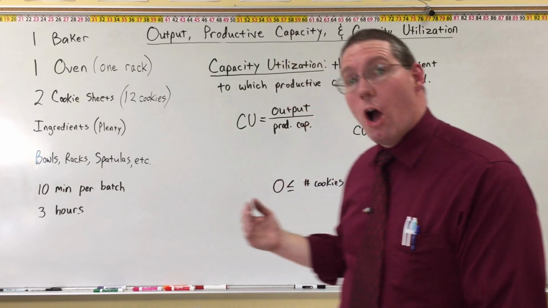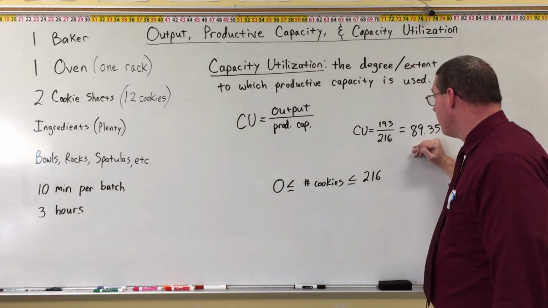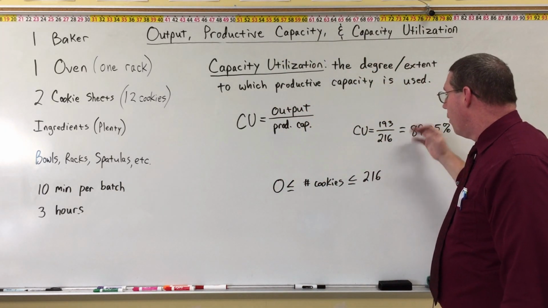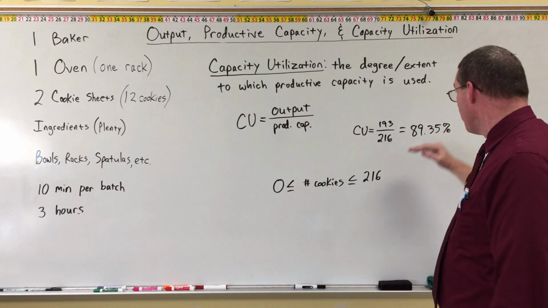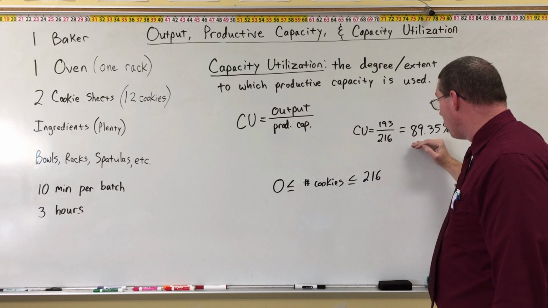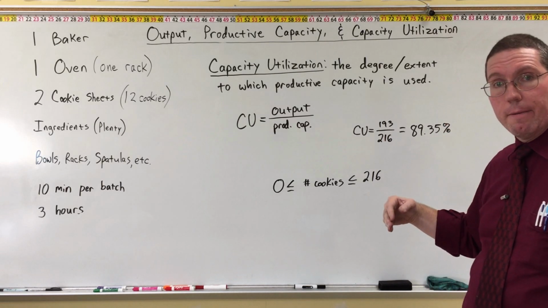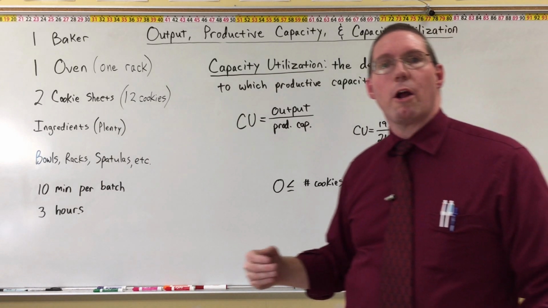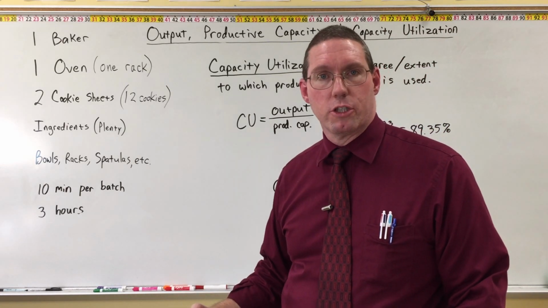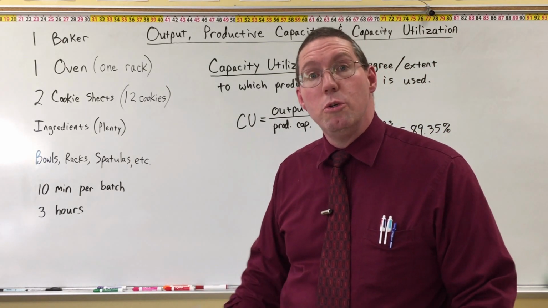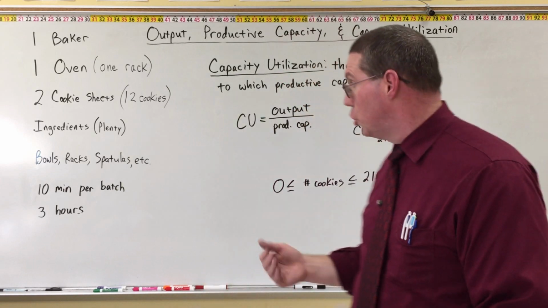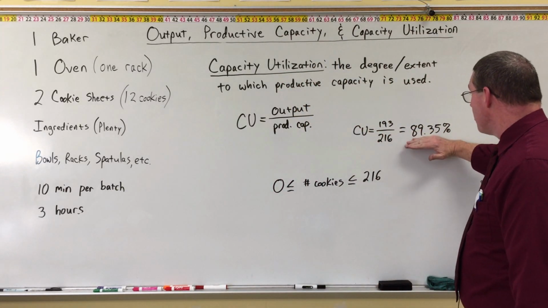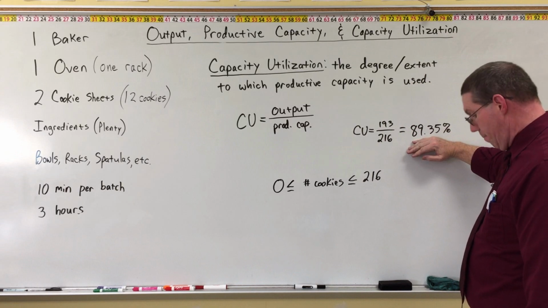The closer we are to 100% here, the more efficient we are being with our resources. But the smaller this percentage is, the farther this number is away from 100%, the more wasteful we are being with our factors of production. And so what we would like to do in the macroeconomy is get this number as close to 100% as possible.